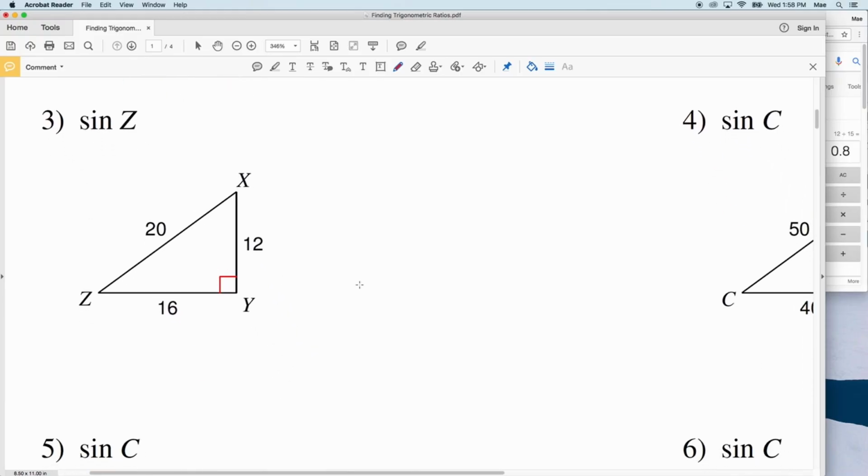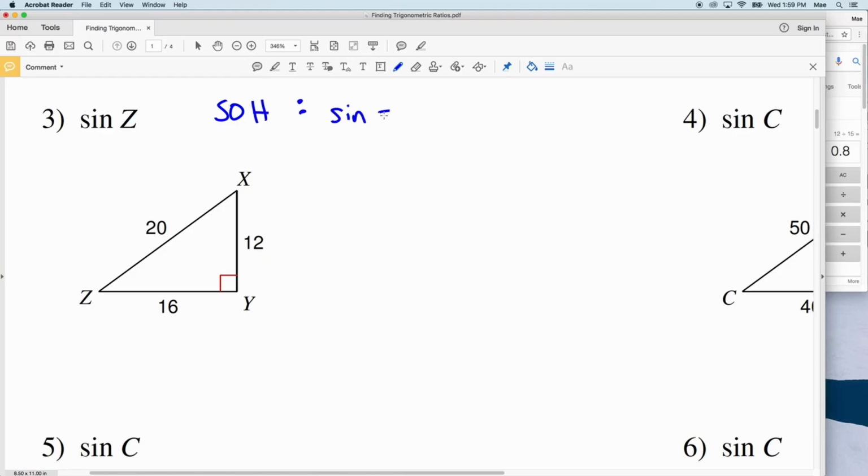On to number 3, we have sine. So think SOH. That's going to be sine equals opposite over hypotenuse.